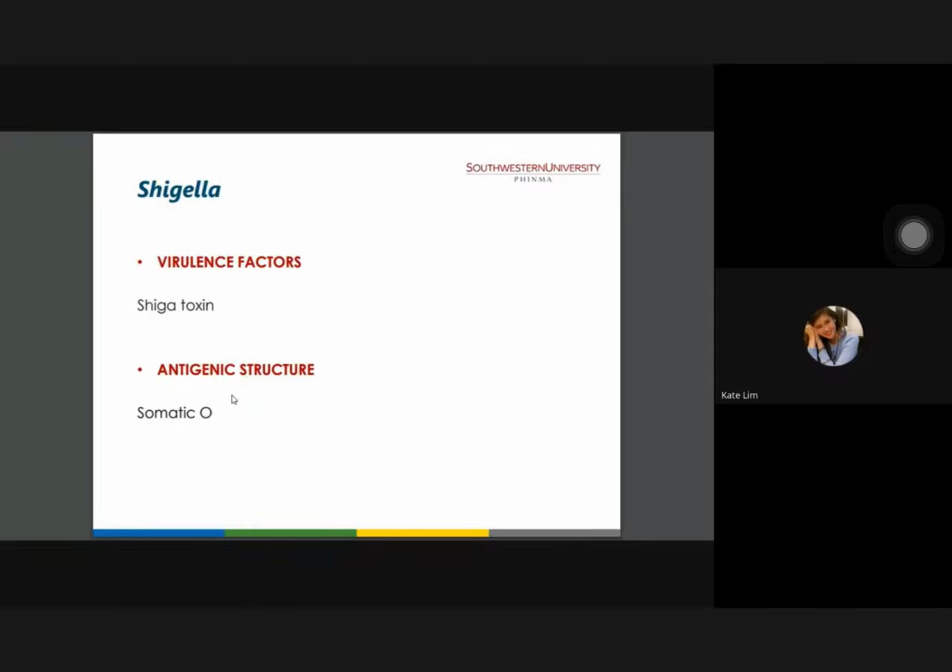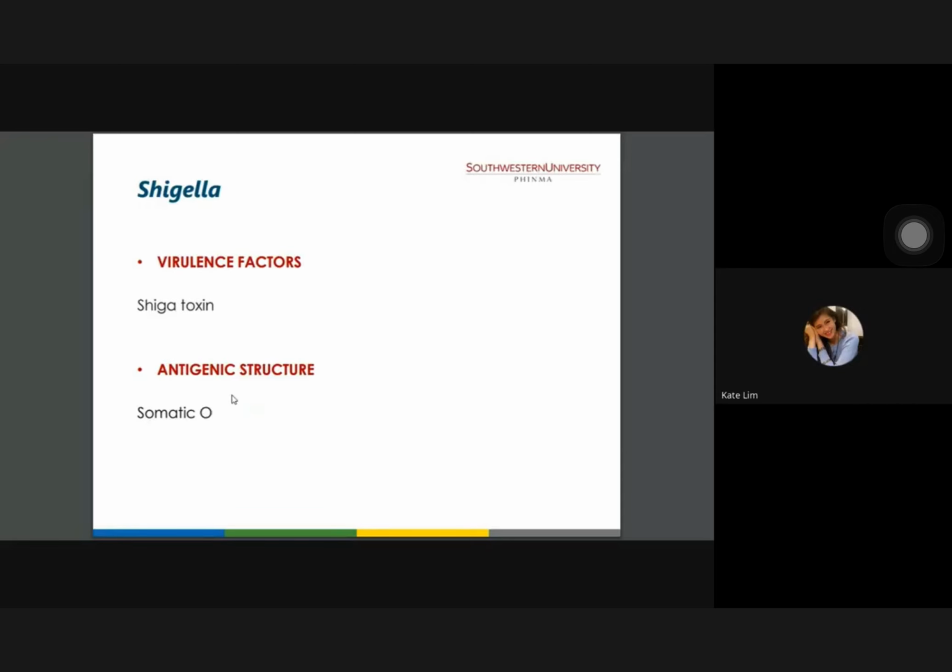So what is the pathogenicity of our Shiga toxin? Your Shiga toxin inhibits protein synthesis in host cells. If you remember your biochemistry, protein synthesis is very important to cells. If there's no protein synthesis, it would actually lead to cell death. And if there's cell death, it could contribute to the symptoms of dysentery.